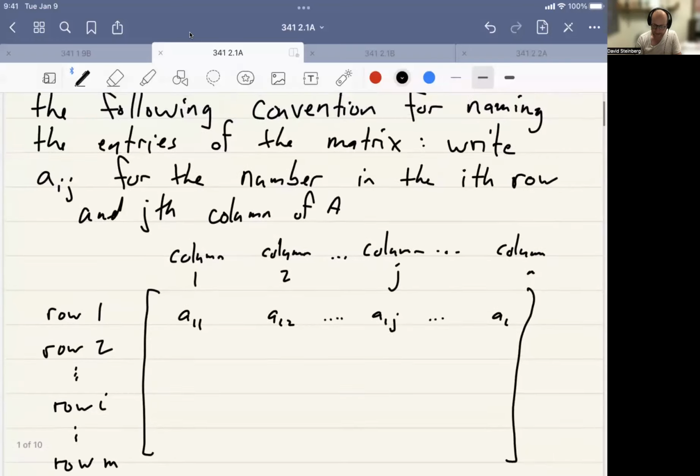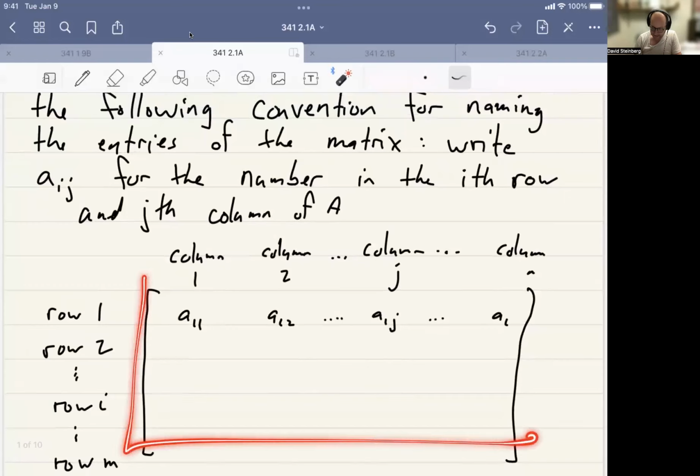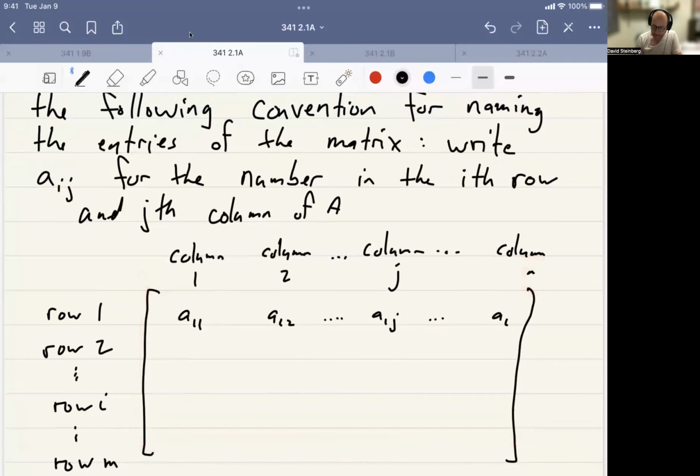And what are we doing? If it's m by n, then this is the nth column. a_1n is there. And then similarly, this will be a_2,1 down to a_i1 and a_m1.